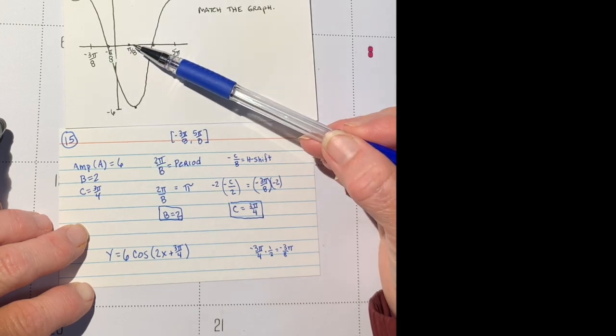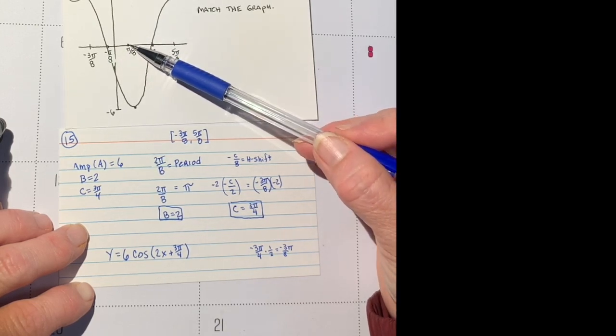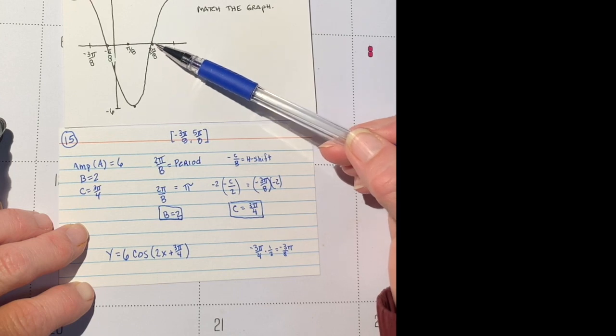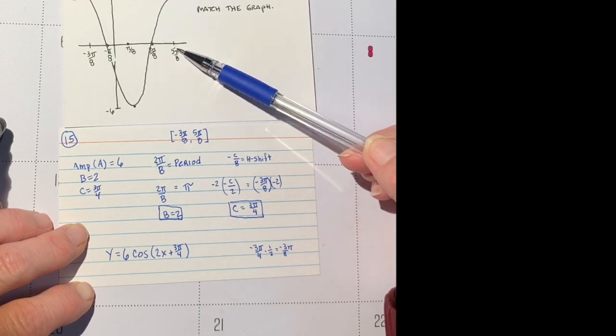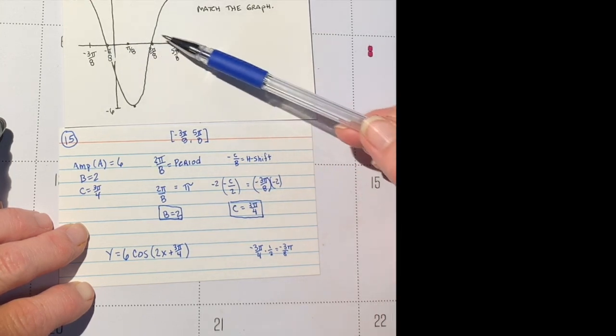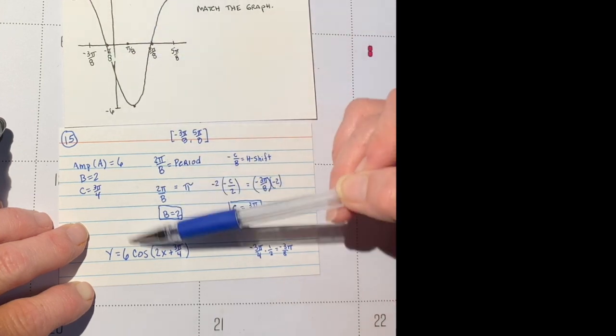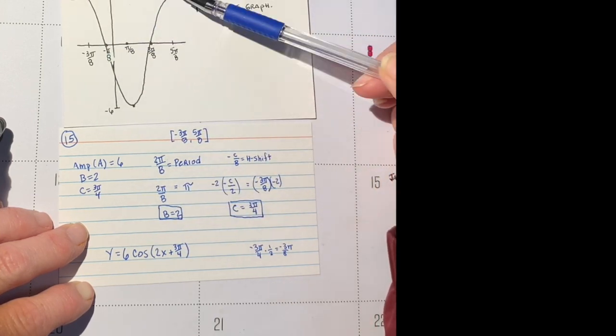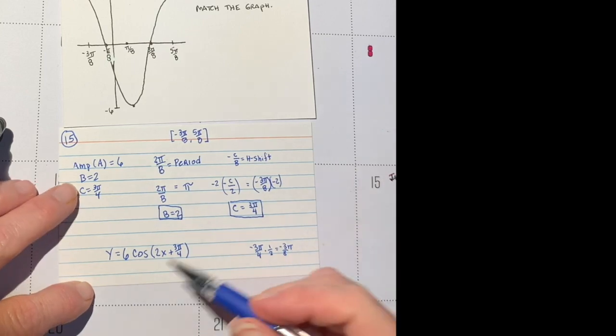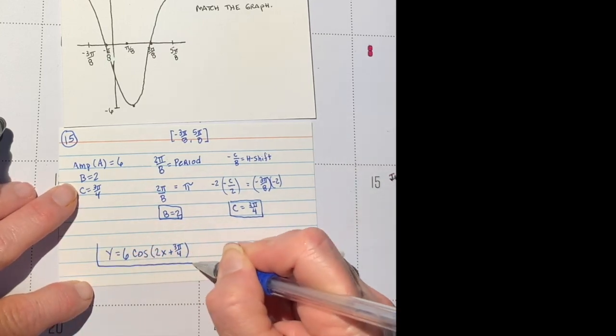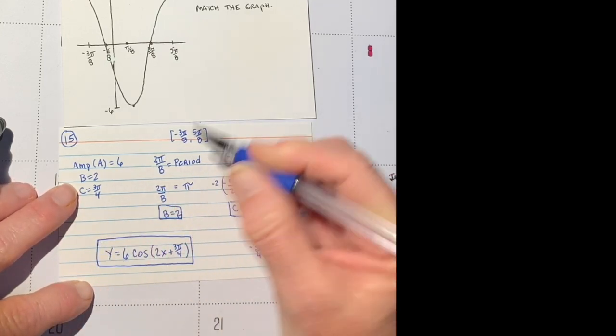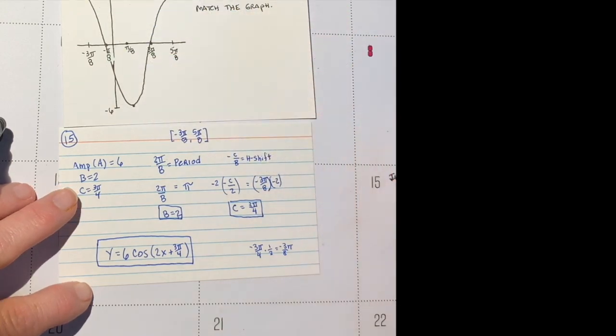Negative 1 pi eighth plus 2 pi eighths is 1 pi eighth. 1 pi eighth and 2 pi eighths is 3 pi eighths. 3 pi eighths and 2 pi eighths is 5 pi eighths. So those are my key points. The cosine starts at the maximum 6, 0, negative 6, 0, 6. Perfect. So this is the equation that would model that graph.